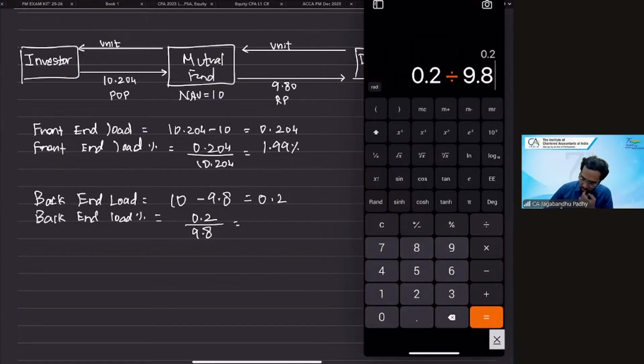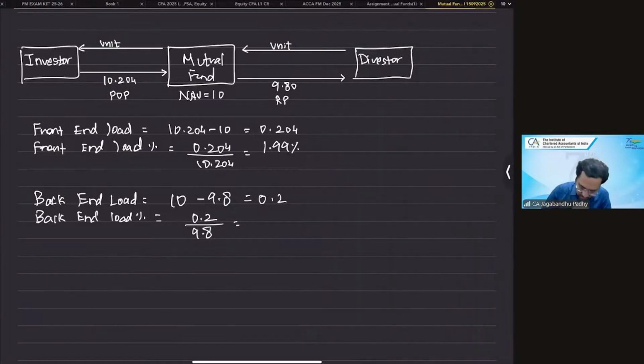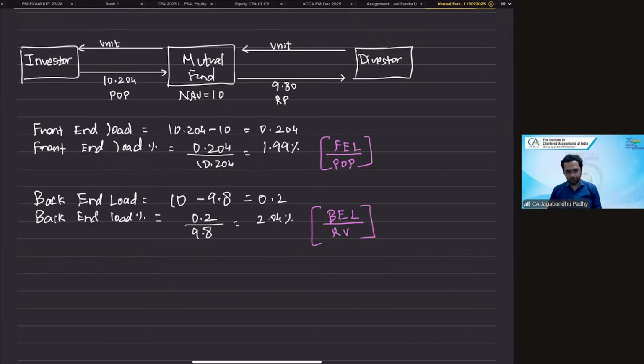So we can say, formula wise, front end load is upon the public offer price, and back end load is upon the redemption value. Clear, guys? Yes, clear. Perfect.